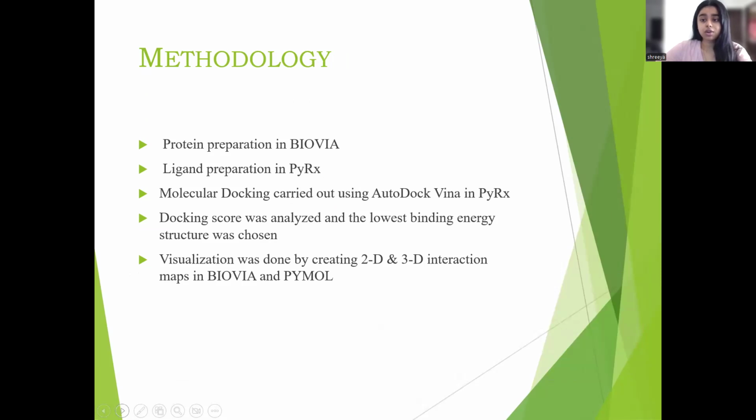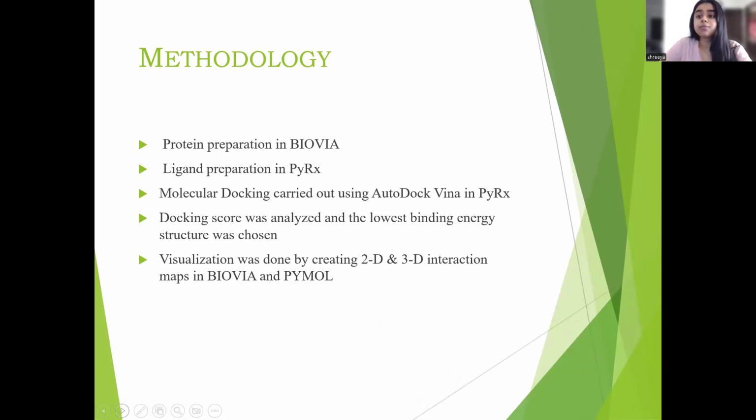Coming to the methodology, I used BioVia for the protein preparation. I removed water molecules, nucleic acid, and unwanted chains, and I added polar hydrogens in BioVia, and then I uploaded it into PyRx. The ligand was prepared and uploaded into PyRx itself, so it was minimized and converted into PDBQT format.